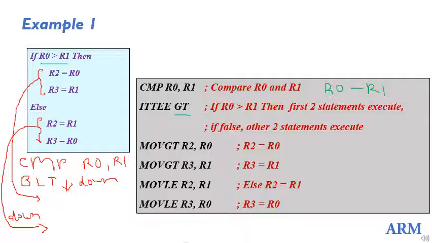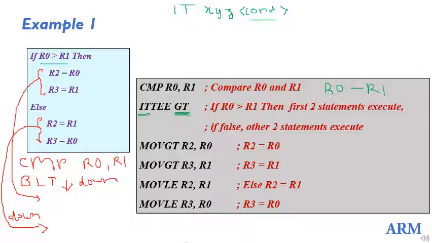So I write the condition as GT. If you see here, the syntax is IT XYZ condition. So this condition I write as GT, and IT is there in the syntax only.